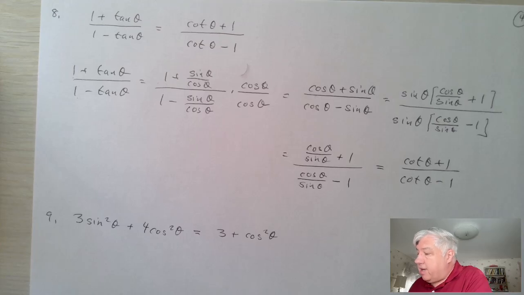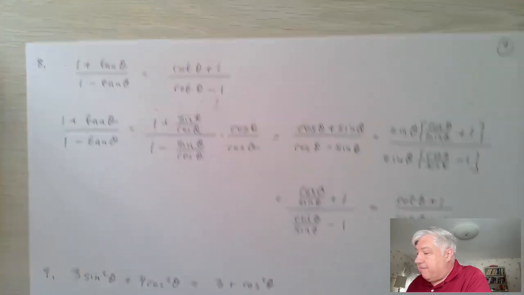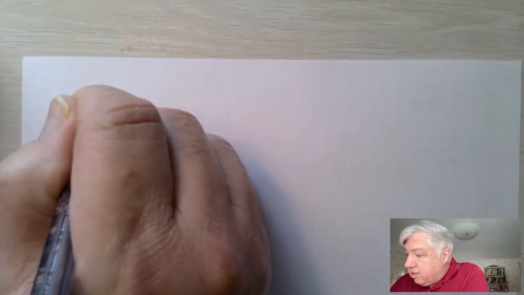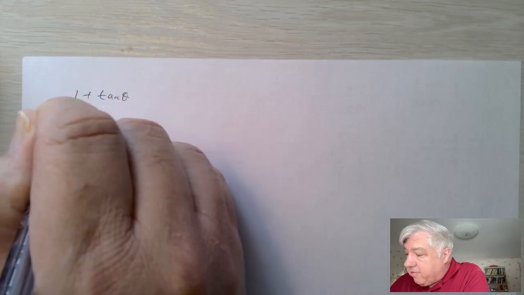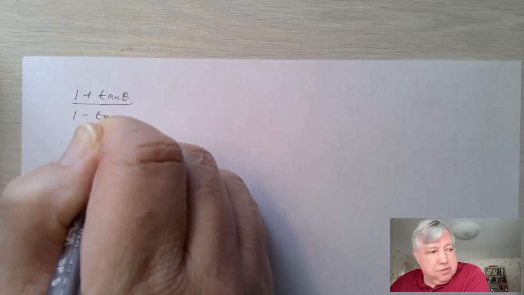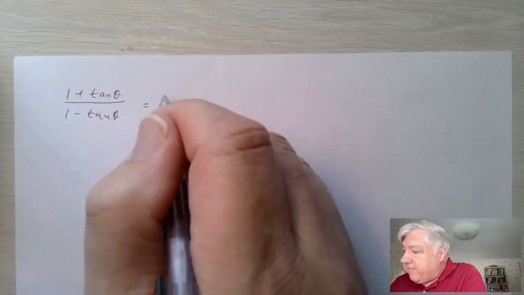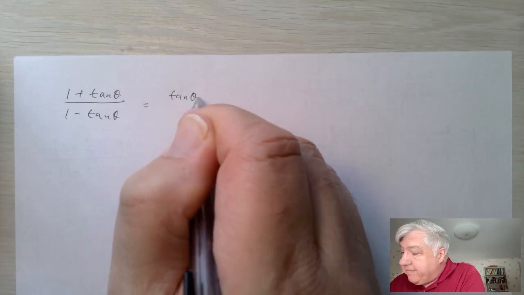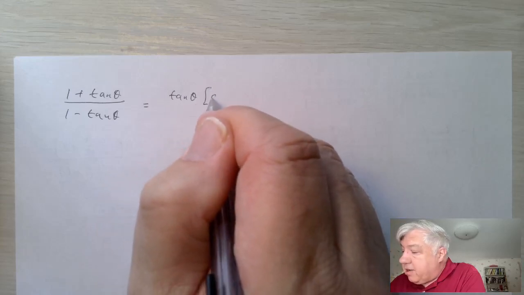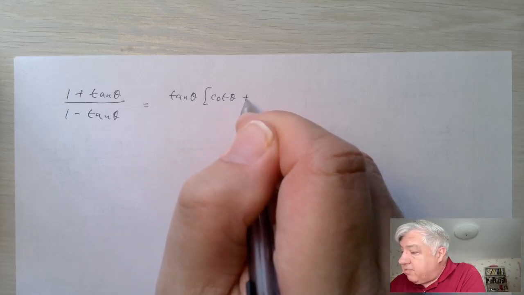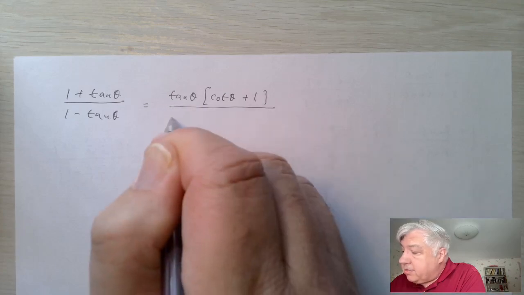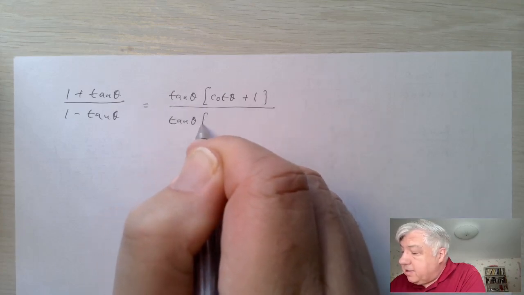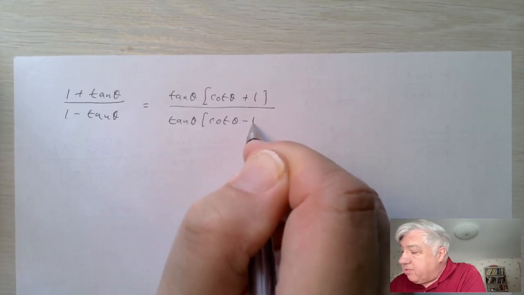I think another way you could have done this, which might have been a little easier, is to write this as 1 plus tangent theta over 1 minus tangent theta. And if we factor out a tangent in the same way, this would be tangent theta times cotangent of theta plus 1 over tangent theta times cotangent of theta minus 1.